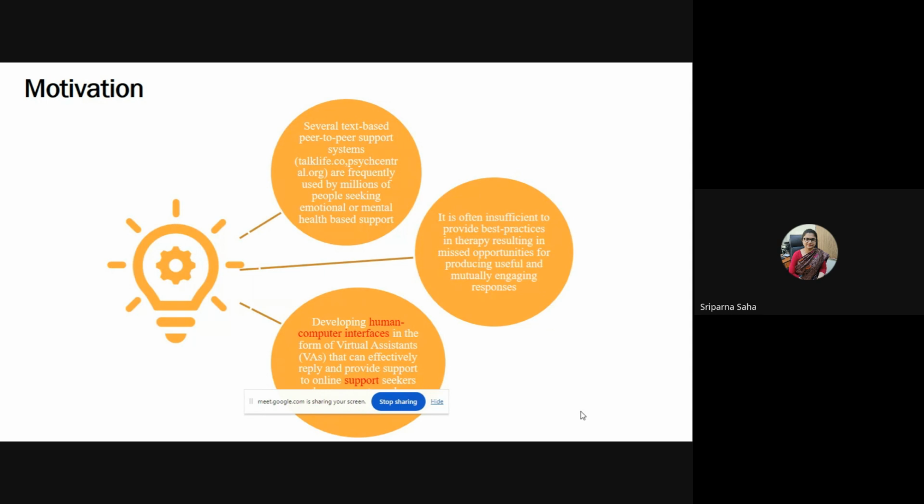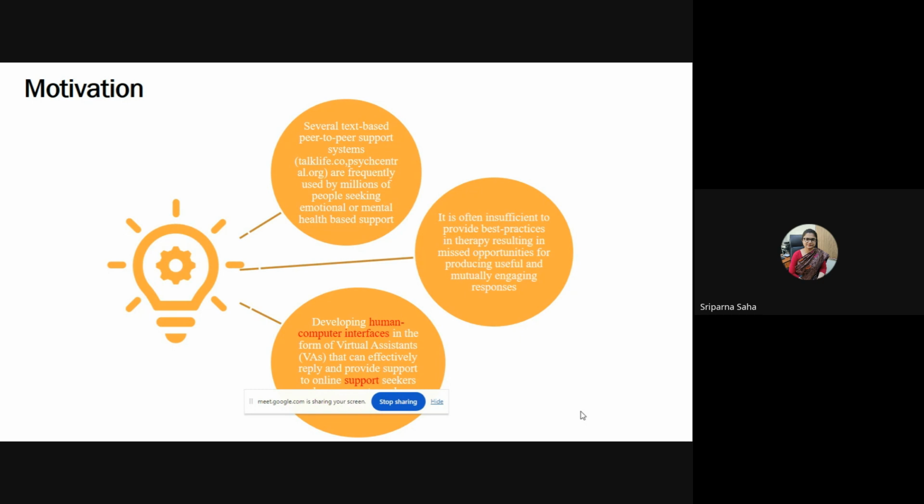Several text-based peer-to-peer support systems like talklive.co, psychocentral.org are frequently used by millions of people seeking emotional or mental health based support. There are some forums, and in these forums people are discussing their mental health issues. In western countries like UK, USA, these medical forums are very popularly used.